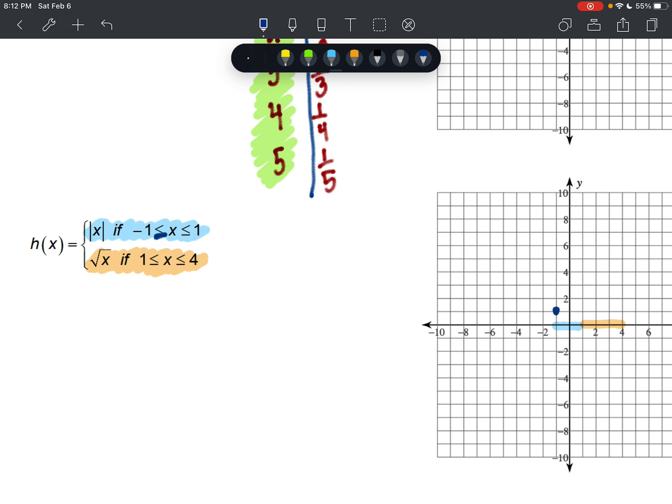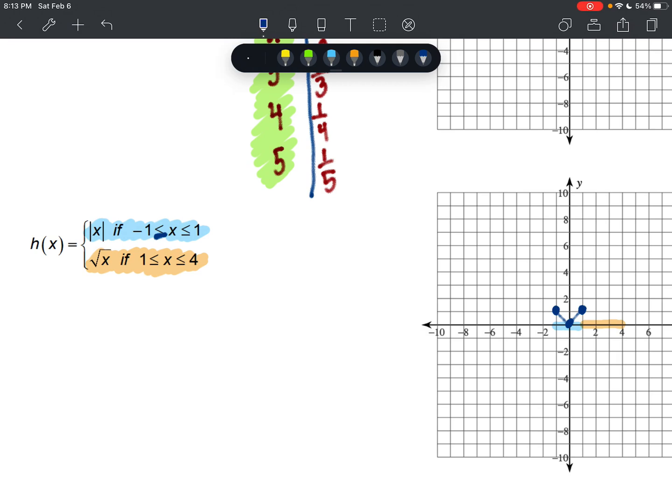So I put a -1 in and I get a +1 out. I put 0 into the absolute value function, I get 0 out. We put 1 in, the absolute value of 1 is 1. And this is a straight line, just like that. It's the absolute value function.